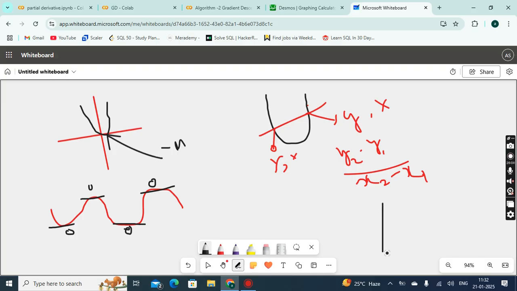Let's say this is your y-axis, this is your x-axis. Now I have one line this way. Let's say this point is 3.